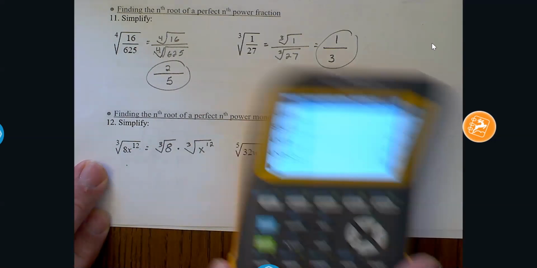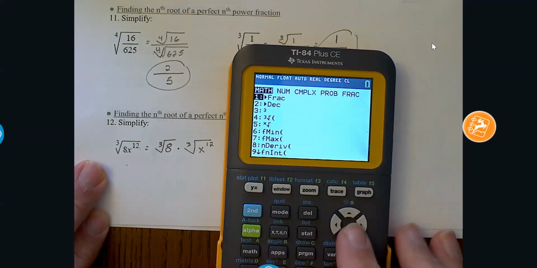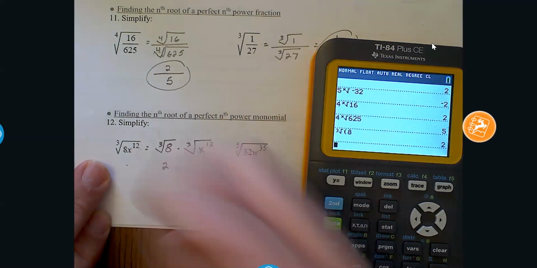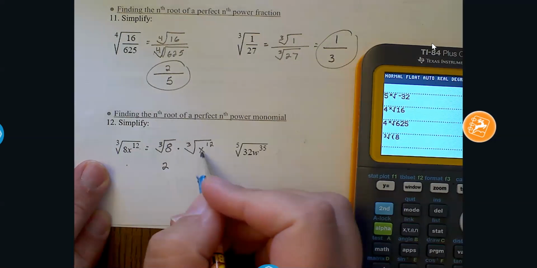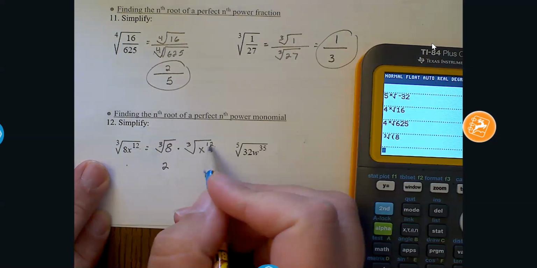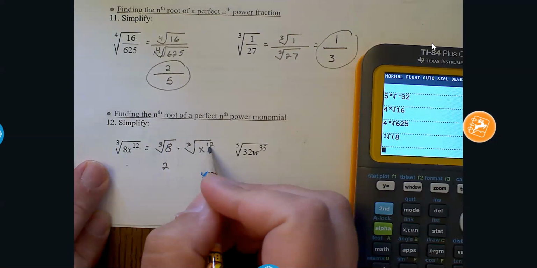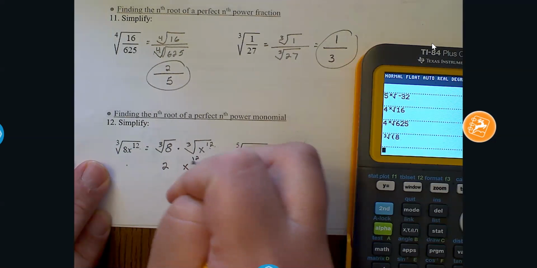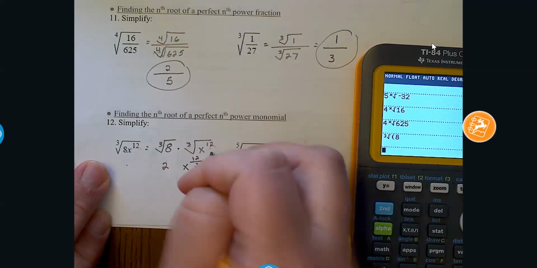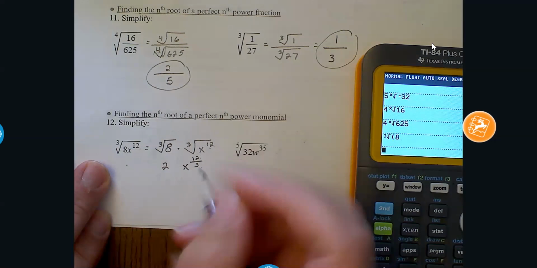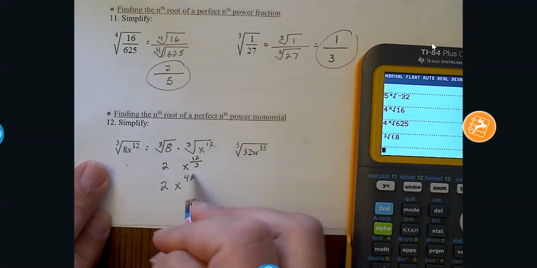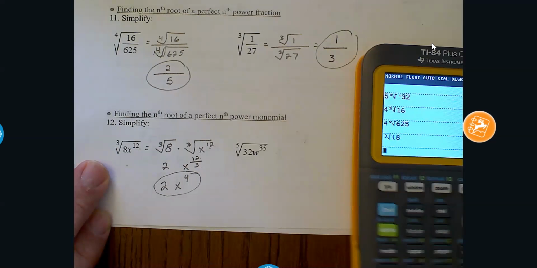Now the cube root of 8, so math, number 4 gives me the cube root of 8 is 2. Okay, then we have the cube root of x to the 12th. When we have the cube root or any root of an exponent, this becomes x to the 12 divided by that root. So x to the 12 over 3. So this would be 2x to the 4th, would be our answer. Okay.